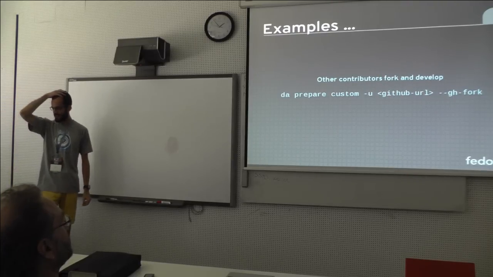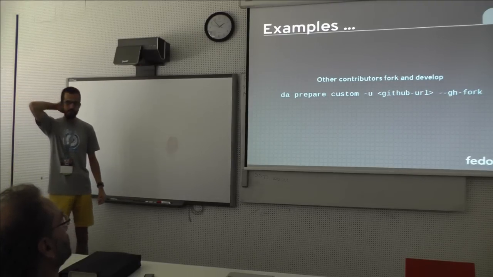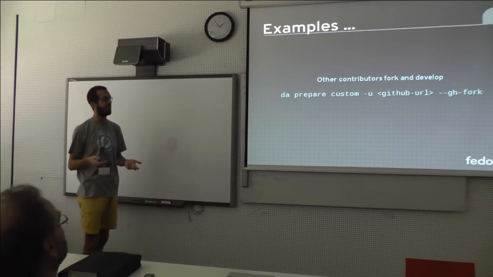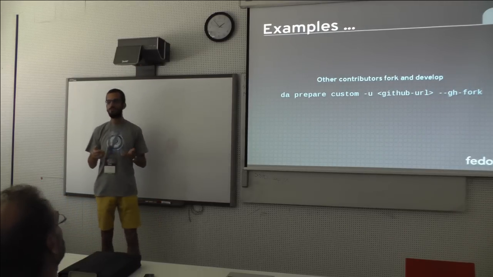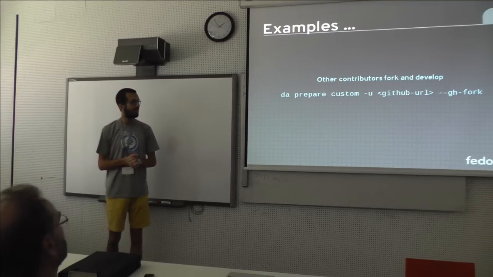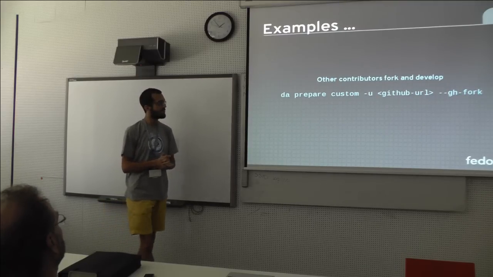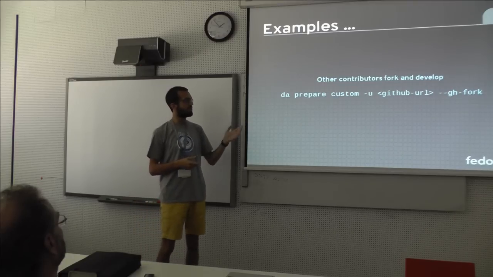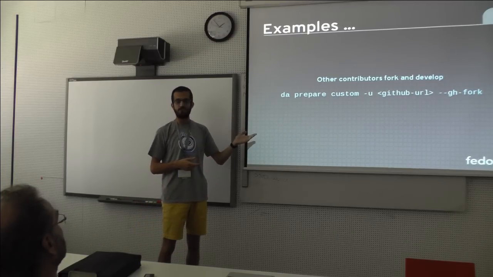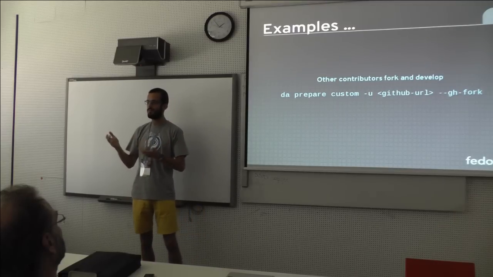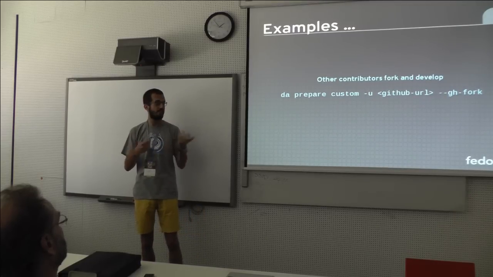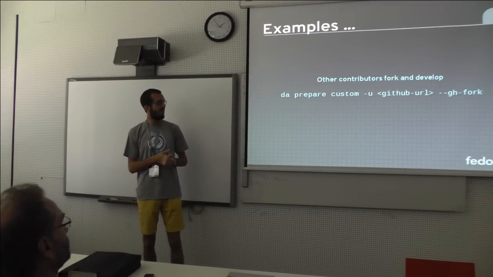And another example is that when you have a project, say at GitHub, and other contributors want to contribute, you probably want them to be able to, for example, fork your code, because this is the way that GitHub works. You fork the repo, you do your changes, and then you create a pull request.